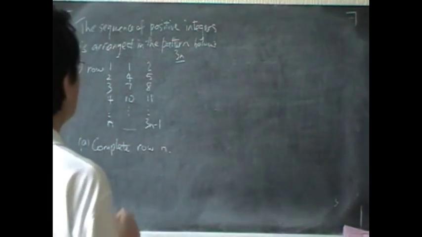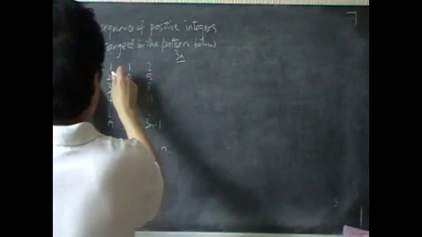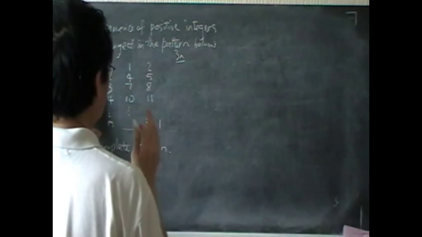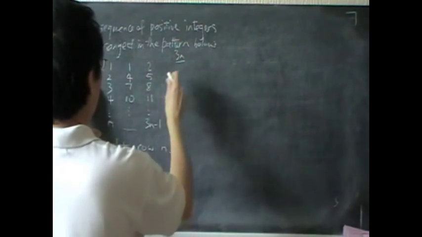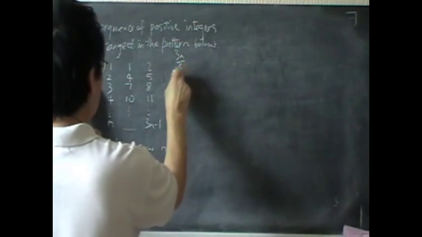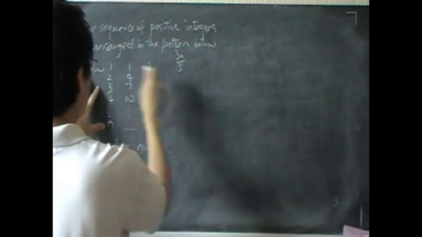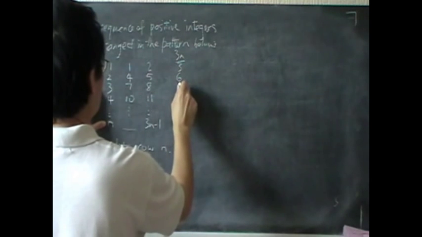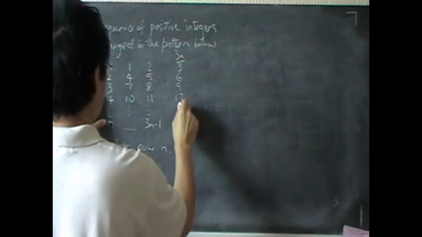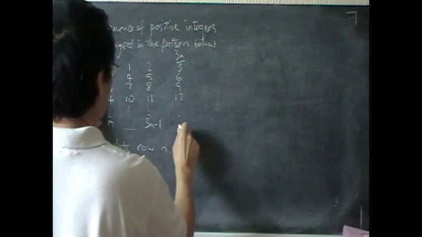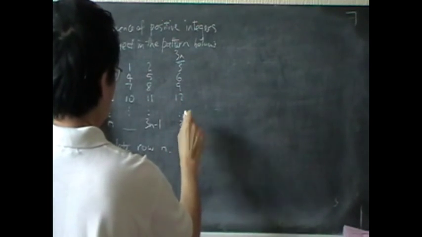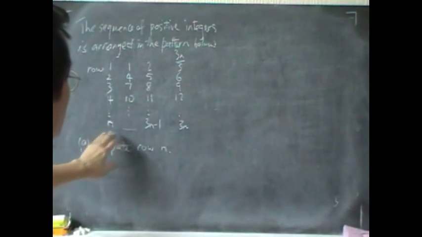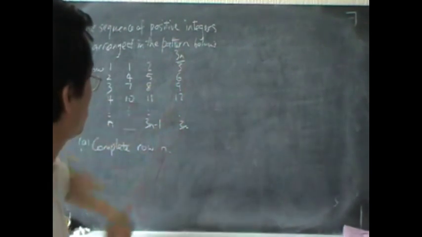For row 1, I will have 3 times 1, for row 2, 3 times 2 which is 6, 3 times 3 which is 9, 3 times 4 which is 12, and so on until my nth row is just 3n. This is what the column looks like.